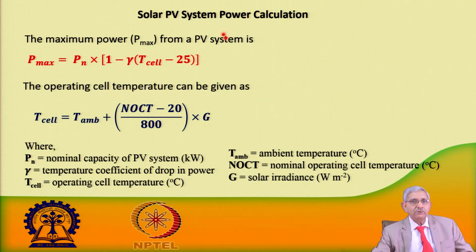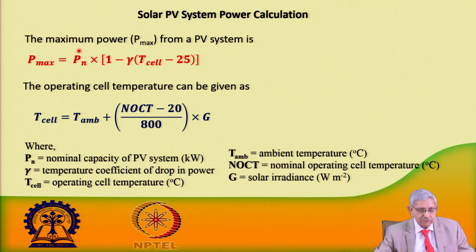Now, there are other expressions which are important when we are computing solar PV system power. We calculate the maximum power by using this expression: maximum power P max is equal to the nominal capacity of the PV system in kilowatt into 1 minus gamma, that is the temperature coefficient drop.